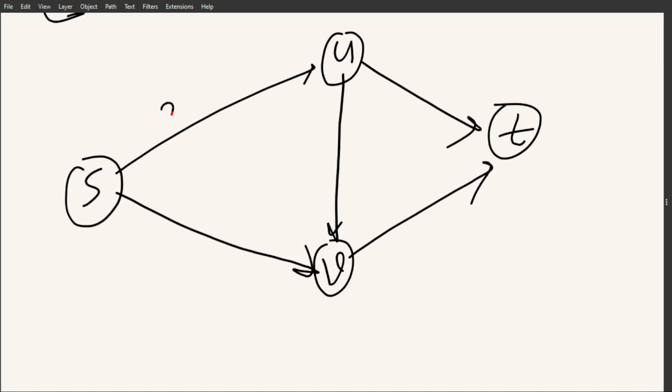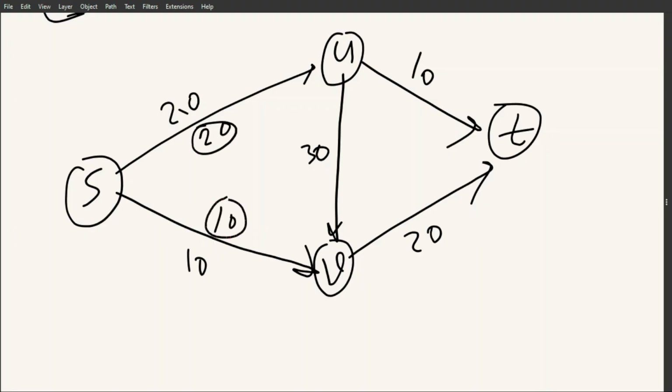Capacities are 20, 10, 30, 10 and 20. The flow I will show in circles to save space: 20, 10, then again here 10, here also 10, and here we have 20.